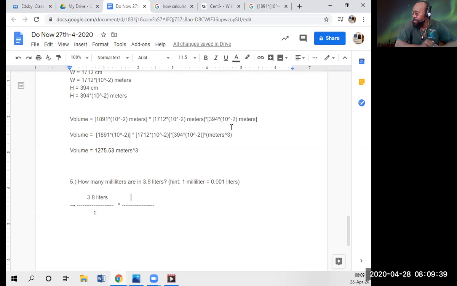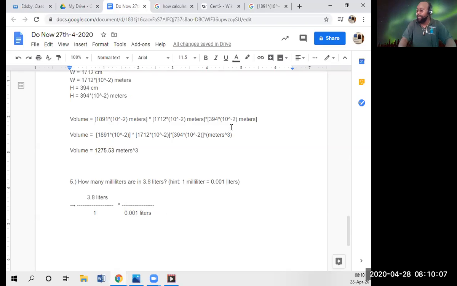So I want to be left with milliliters, because that's the problem. How many milliliters? So I'm just going to simply put what the equivalent for a milliliter is in the denominator. So that's 0.001 liters right underneath. And then with this one, it's the same thing as what was in the hint.